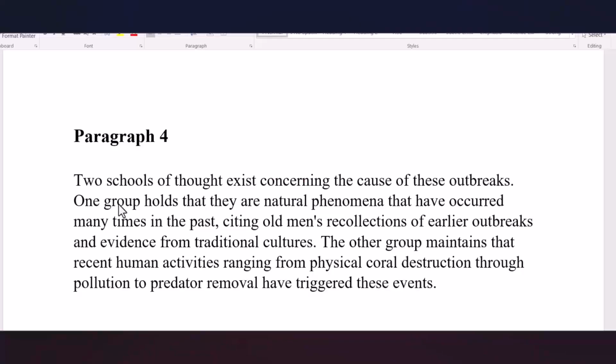One group holds that they are natural phenomena that have occurred many times in the past, citing old men's recollections of earlier outbreaks and evidence from traditional cultures. In the sentence, holds is the main verb, also the verb citing here, which is a changed-form verb, plays a pivotal role to get across the meaning of the sentence.